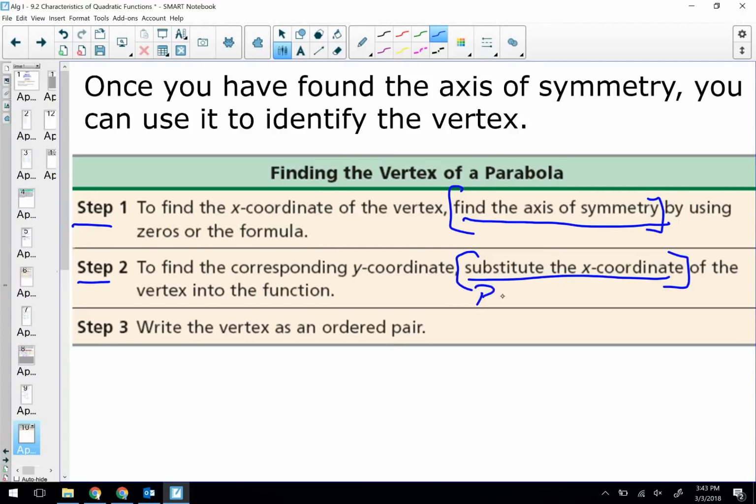That just means plug it in. You take your result from step 1, you plug it in, and then you write it as an ordered pair, because remember, a vertex is always an ordered pair. The vertex is just the bottoming out or topping out point. Make sure you write these down in your notes, by the way.